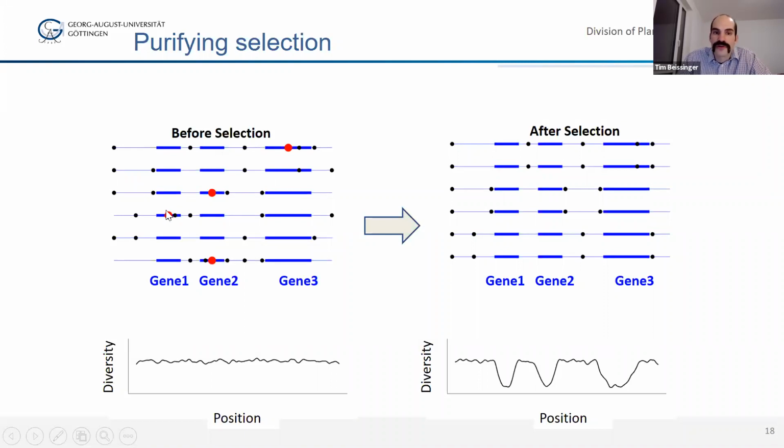And now suppose new mutations, instead of being beneficial, tend to be deleterious. Then selection will purge these deleterious mutations from the population, and after many generations of selection, we'll have no red dots left in the population, but we'll also have less genetic diversity near genes than we have outside of genes because of linkage.